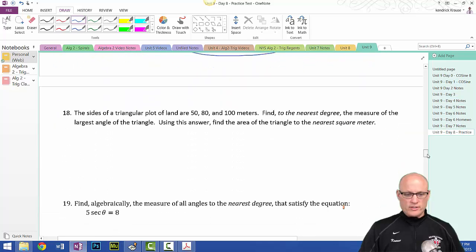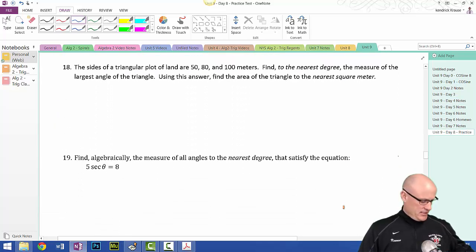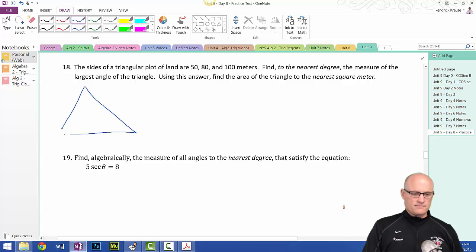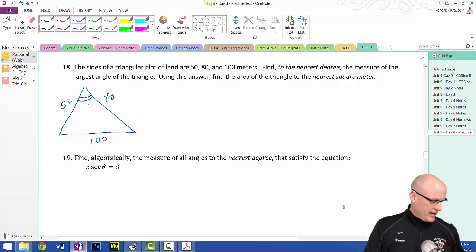Moving and grooving. 18. All right, I think we do law of sines a couple times here, right? All right, so triangle again. Plots of land are 50, 80, and 100, and it wants to know the degree of the largest angle. The largest angle is always opposite the largest side.